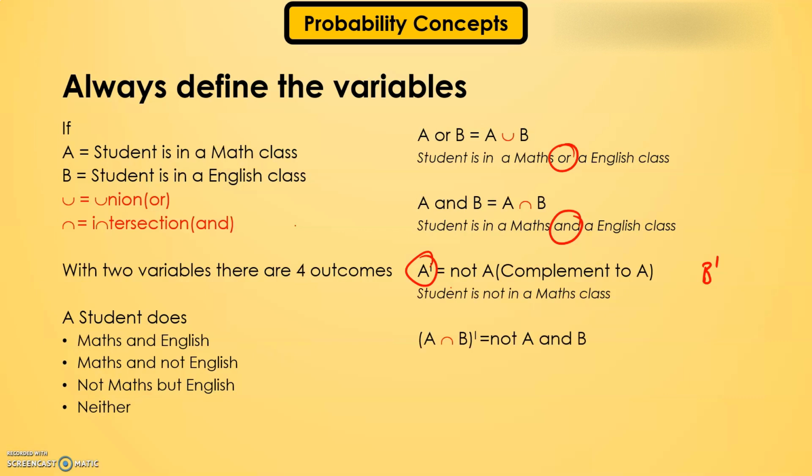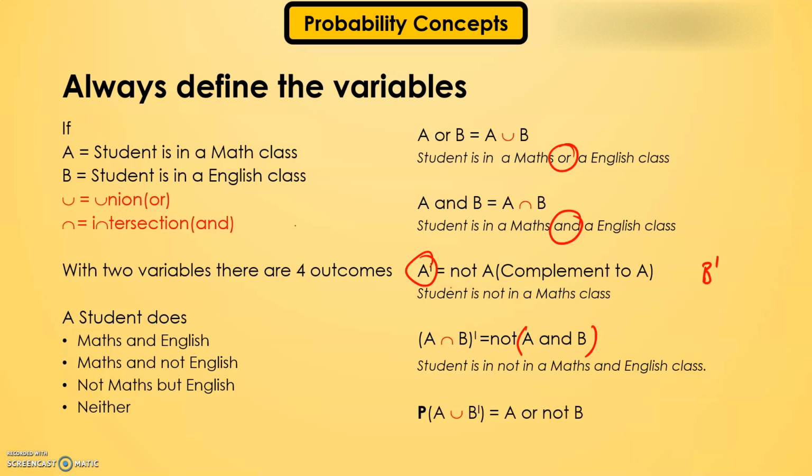This one is when it starts to get a little bit more complicated, is we've got the intersection of A and B, but the complement. So not in A and B. You'll be really careful where we apply brackets and groupings, but not A and B. That's different from not A and B. So a student is not in maths and English.